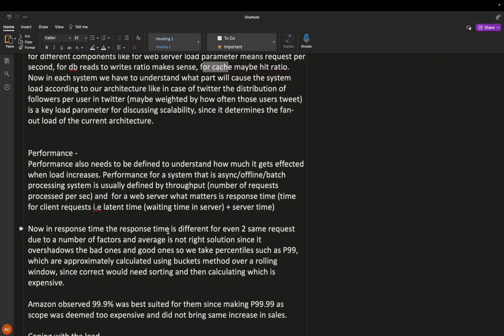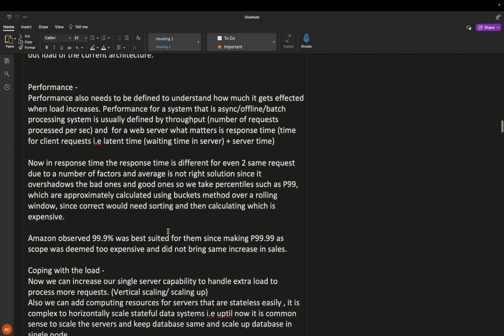For an async or batch processing system, it would be throughput: how many requests are processed per second. For a web server it might be response time: for an incoming request, how much time I take to respond. That matters for performance for a web server.